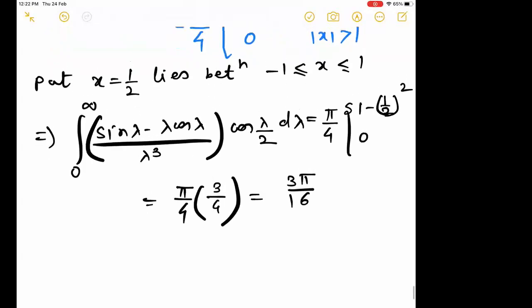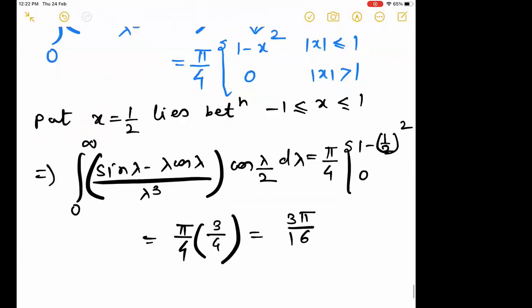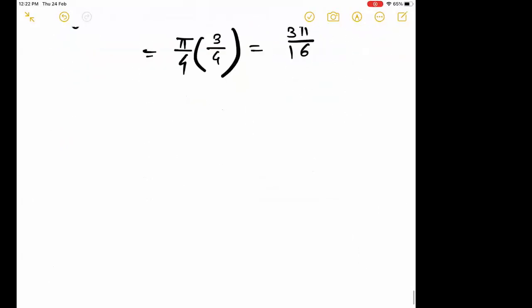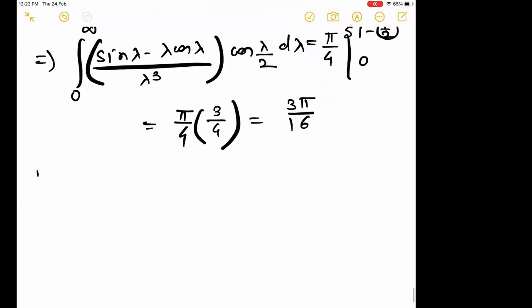But it is not of the same form. What we needed, the same form is needed. What is the integration variable? The variable is x, which is to be shown. So replace lastly lambda with x. Put lambda is equal to x in this last expression.